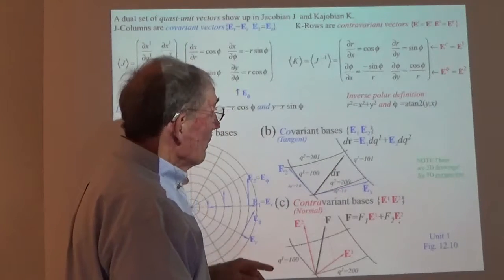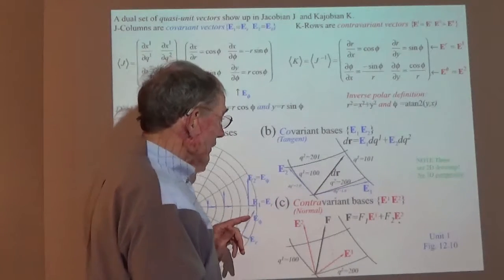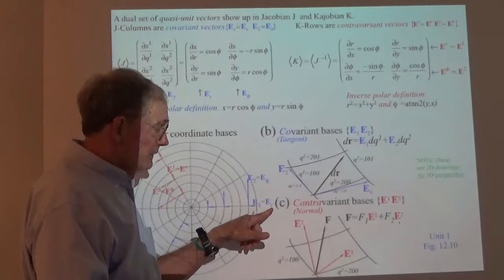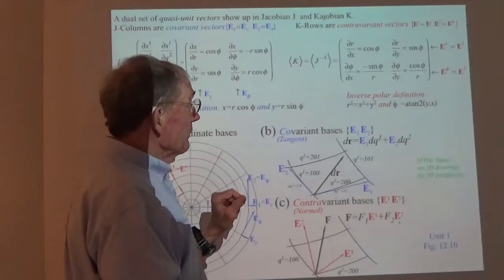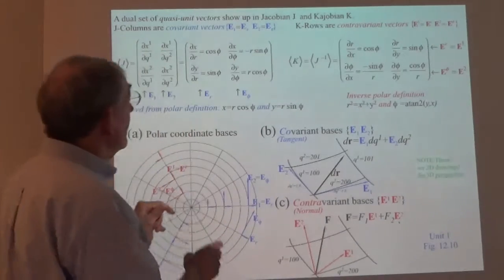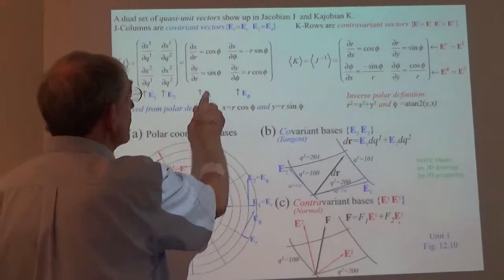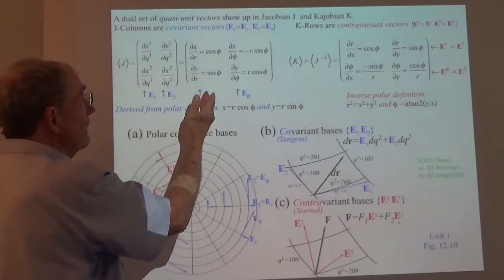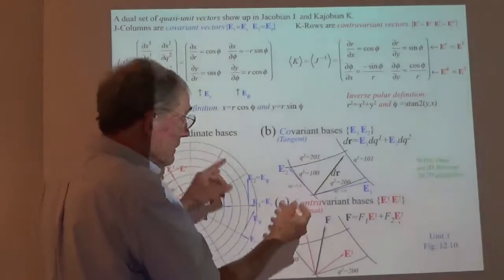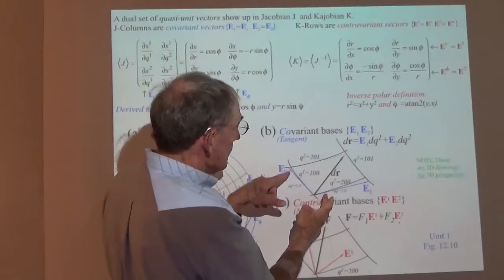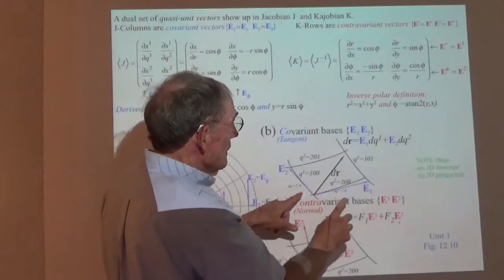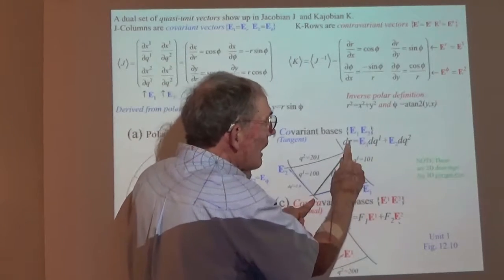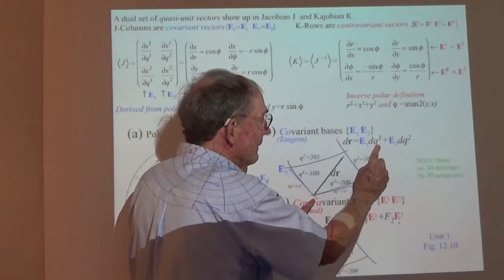So, what is the covariant derivative of E sub 1? That's E with respect to r. What we're saying about that E sub r, this vector here, the partial derivative of the Jacobian, is that this is the partial derivative of the radius vector r with respect to q super 1.